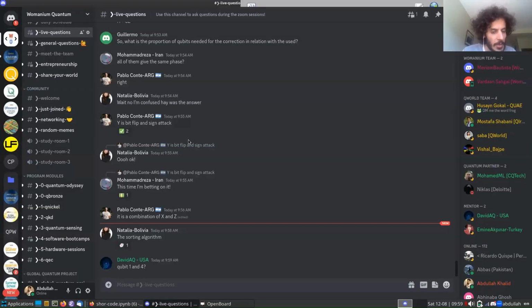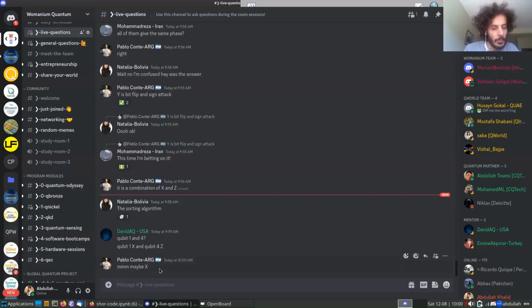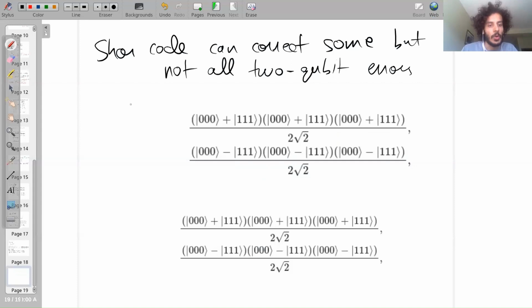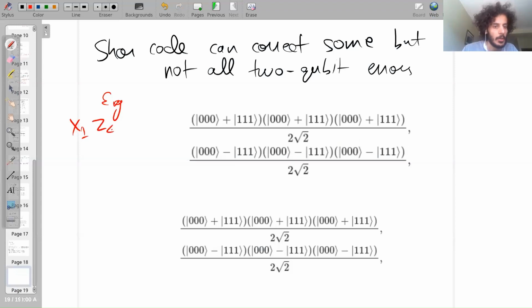Sure. So David, you have an answer, but is it an X and a Z or what? Sure. So that is an example, qubit 1 X and qubit 4 Z, right? Let's use 1 indexing. Even though in the notebooks I use 0 indexing, I have kind of committed to this.